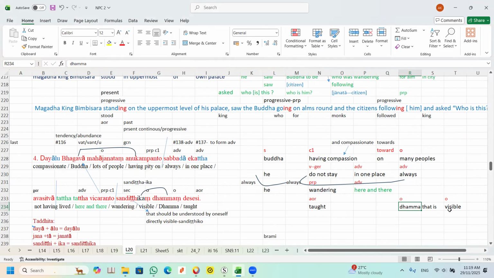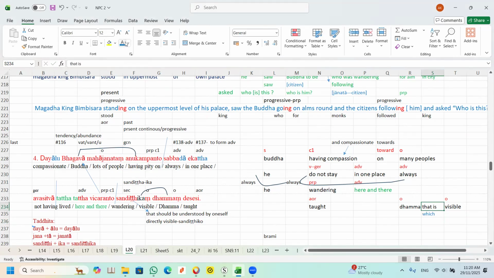But in this case, Sanditthiko is nominative singular, and Sanditthikam is an object. So then you say the Buddha taught the Dhamma, either that is visible or which is visible. It's up to you. This is where you connect two objects together. Understand?